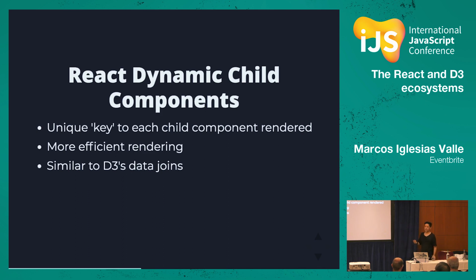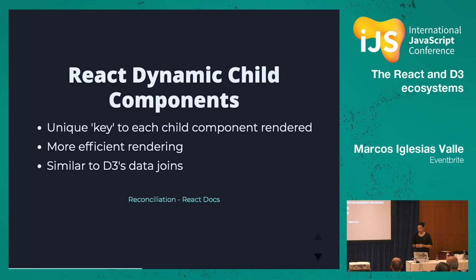Sometimes with D3 you use the whole data, and it's pretty similar, and it doesn't work as you would expect. So trying to put the unique keys there also helps. So basically, we have something super similar to what we have with dynamic child components on React.